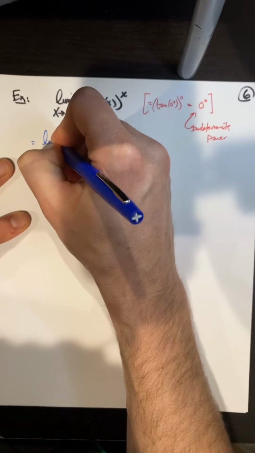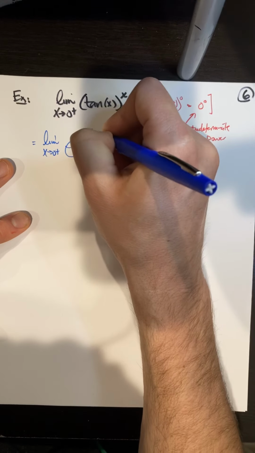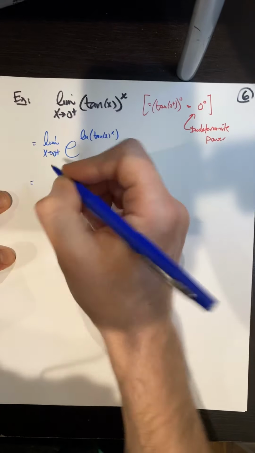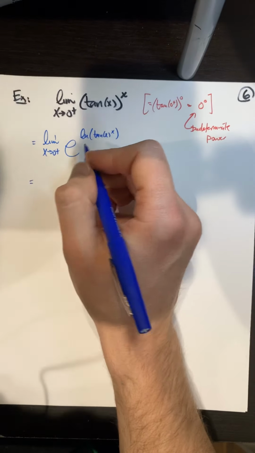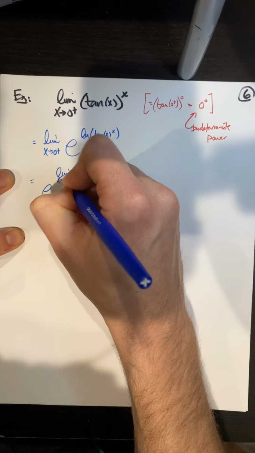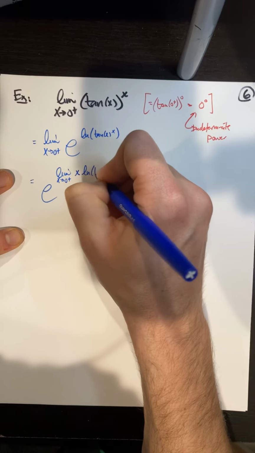So again, I would have to do the limit as x goes to 0 plus of e to the ln of tangent of x to the x. Now, none of this part of the problem changes, right? I still bring the limit up here. And I can bring that value down in front. So I have x ln of tangent.